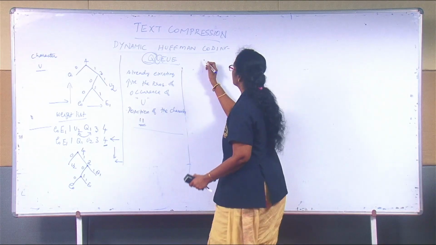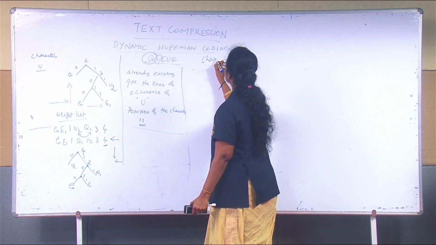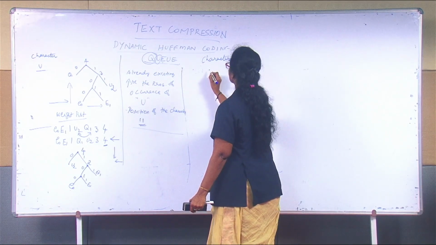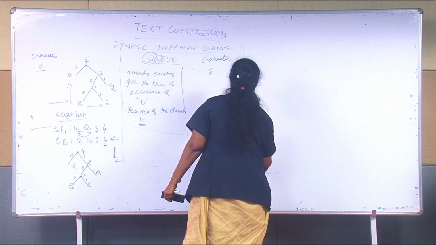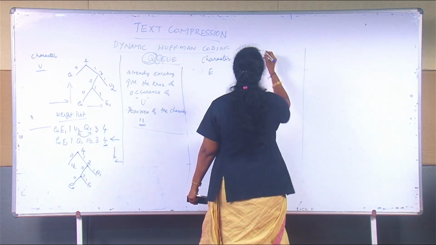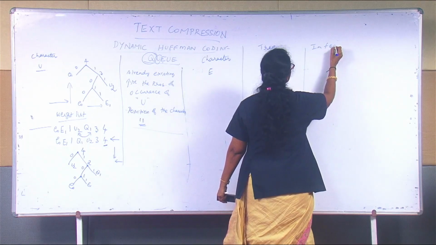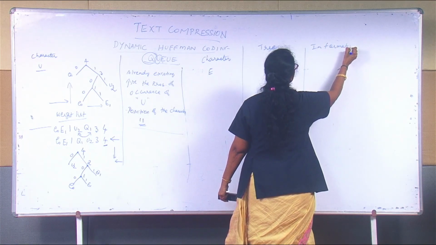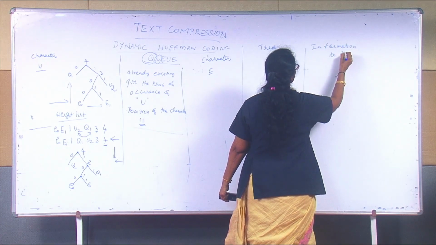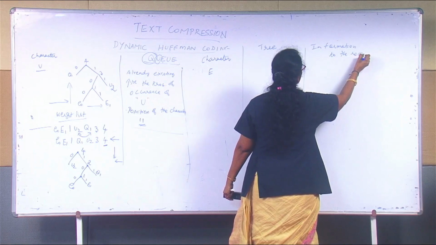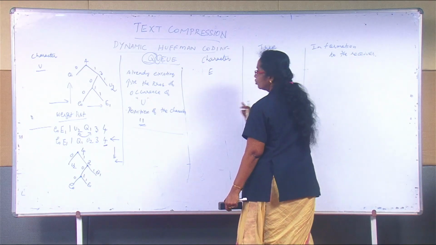Okay. Now, the character is E. To the receiver, we are transmitting only the code.